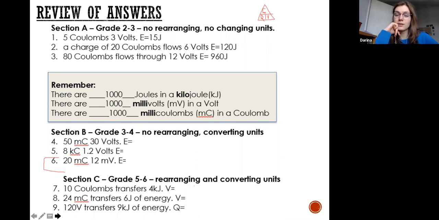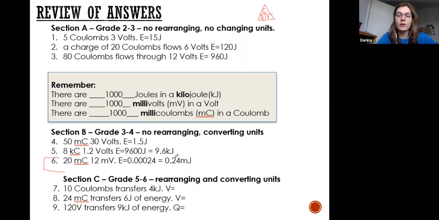Remember, you have to convert the units correctly and then put it through your calculator. You should just get the correct answer off there. I hope everyone's got a calculator. If not, don't worry about the units. Treat it as a coulomb and a volt because that's a bit more difficult to do on a phone, but I still want an answer. Okay. Right, perfect. So some people are getting back.